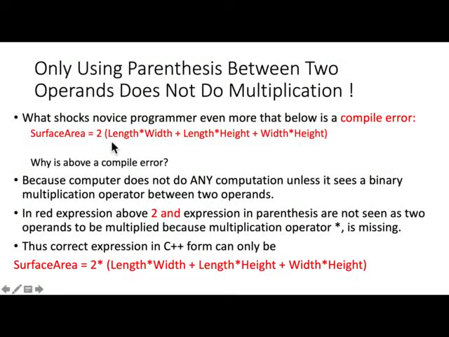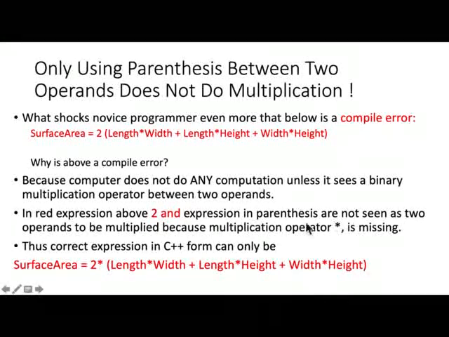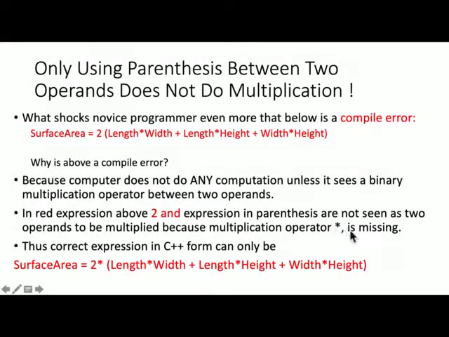So there's one operand here, the other operand is parenthesized, and computer is not seeing a multiplication operator between them. The red expression above, 2 and the expression in parentheses, are not seen as two operands to be multiplied because the multiplication operator asterisk is missing. Thus, the correct expression in C++ form can only be 2 asterisk and then the expression in the parentheses.